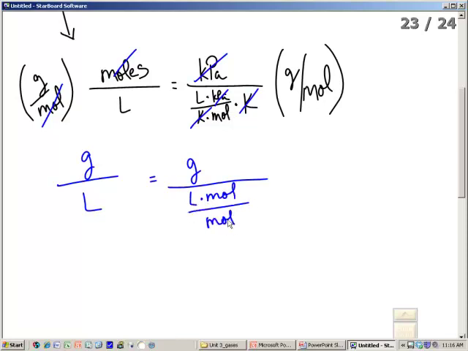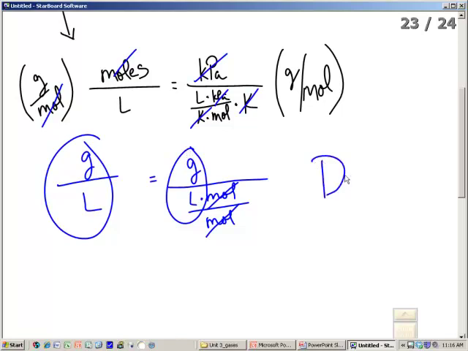Check that out, that cross-cancels. Look at what you have: grams over liters equals grams over liters. Does anybody know what mass and volume relationship I'm really talking about here? This mass and volume relationship is called density. Isn't that amazing? You just reduced everything to density.